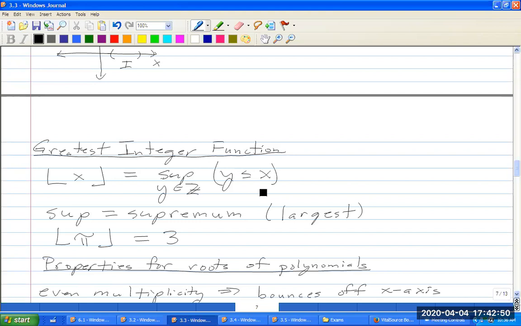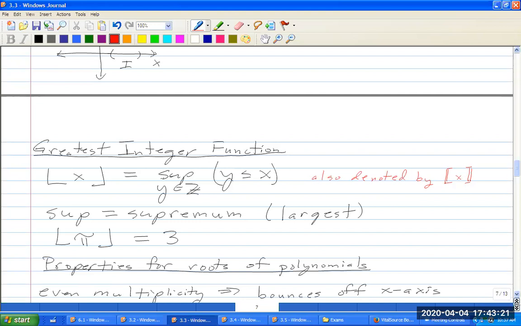So if I wanted to find, oh, and by the way, sometimes we also denote this. They sometimes write it like almost a bold, double line thing.